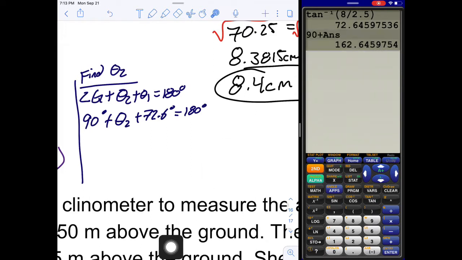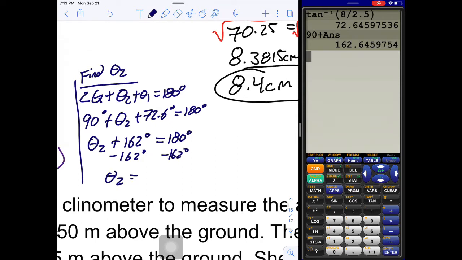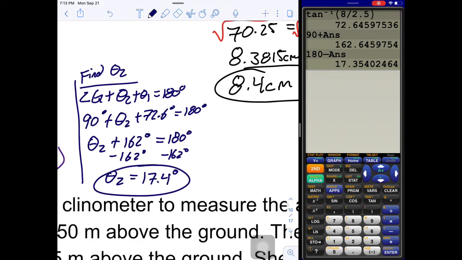So that gives us angle 2 plus 162 degrees. That equals 180. And then we're going to subtract this from both sides to solve for angle 2. Now recognize again, we want to use the whole value here. So I'm going to plug in 180 minus, I'm going to press second, and answer. So that gives me my angle 2 of 17.4 degrees.